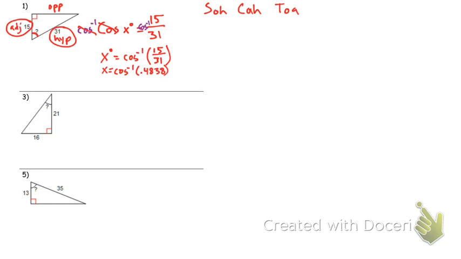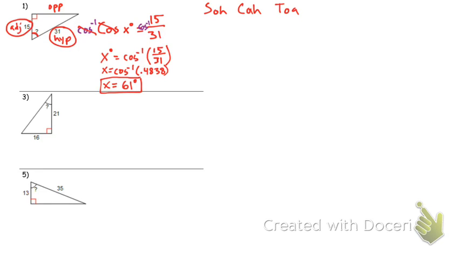And now we are going to take 0.4838 and push the cosine inverse button. So on your calculator, you're going to need to find the cosine inverse button. You might have to push the shift or second button to find it. If you find the correct button, you should get x equals 61 degrees. Again, I'm rounding to the nearest degree.